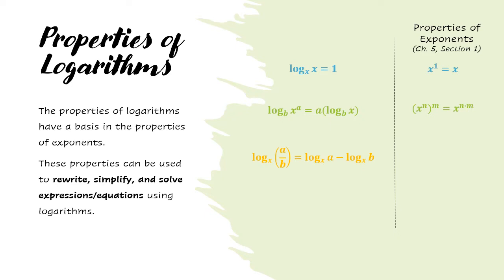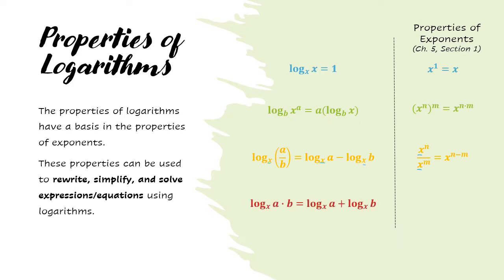And of course, really crucial, the base stays the same. We consistently have log base x. This relates to our quotient of powers rule, where we might start with a ratio like x to the n over x to the m. Since we have like bases, just like in the log expression, we can rewrite that as x to the n minus m power. So here's our log equivalent.